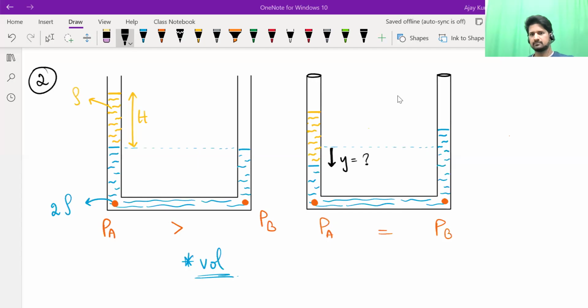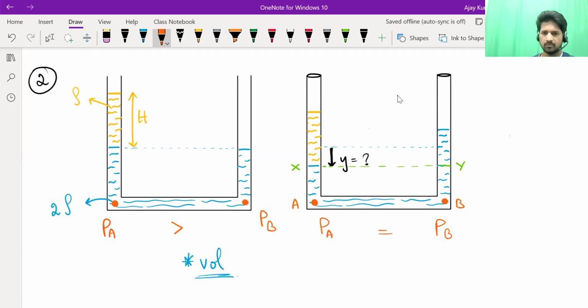See, when will the liquid finally settle? When the pressure at both ends of that horizontal part becomes equal. Let's assume those pressures are equal. If those pressures are equal, then automatically the pressures at x and y should become equal, because A to x is the same liquid, the blue one.